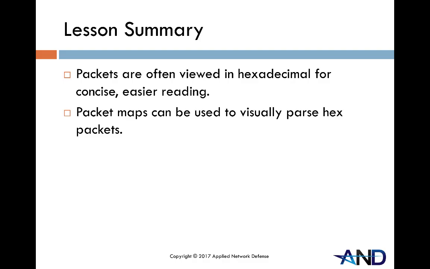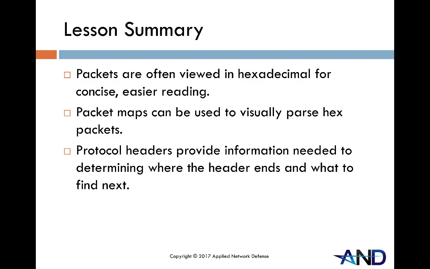Packet maps are really the key to visually dissecting packets, like we just did in several examples. Now, when we're looking at a specific header, it is going to provide us generally all the information we need to determine where that header ends and what's next. That's really the key to dissecting packets as you go through this type of analysis.